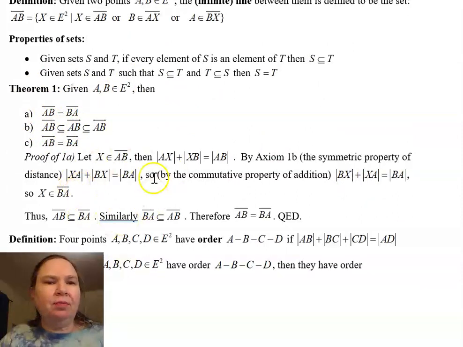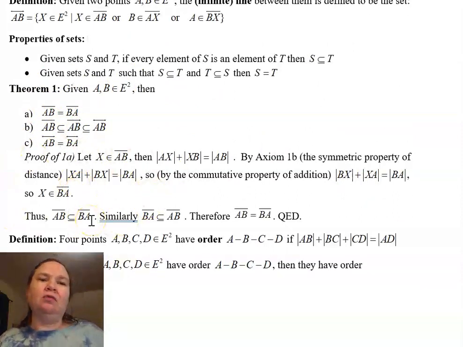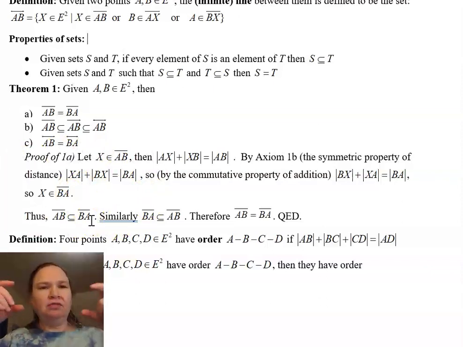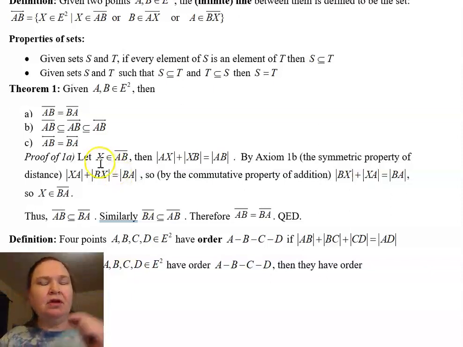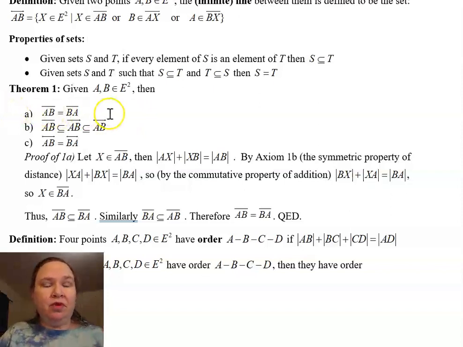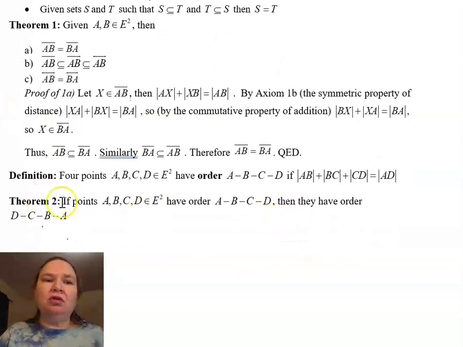I've written out the proof here for you, and we're going to unpack that proof in this video to make sure that you're understanding each of the pieces and how they fit together. And then you're going to do something that's similar, that's going to use some of the same pieces that we used in proving 1a, and you're going to use it to prove Theorem 2.